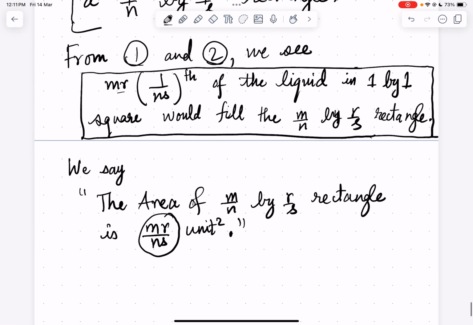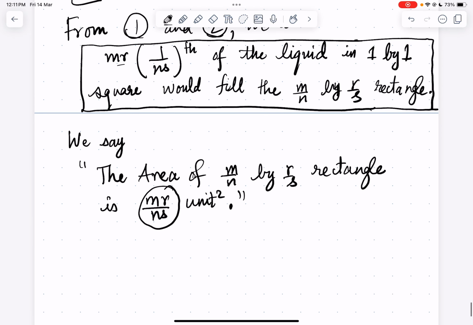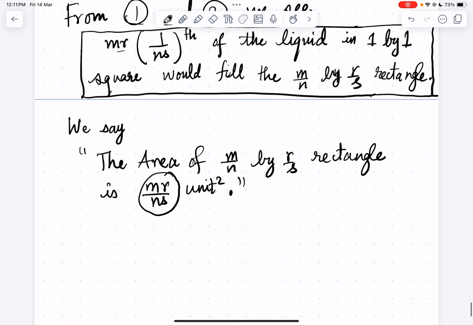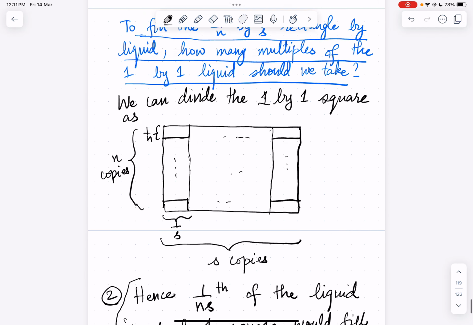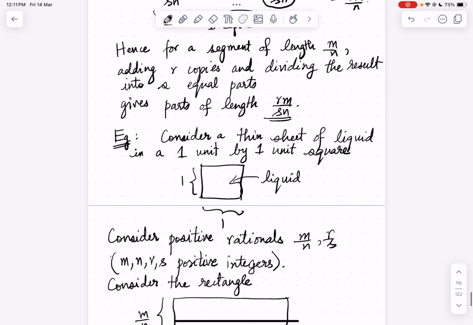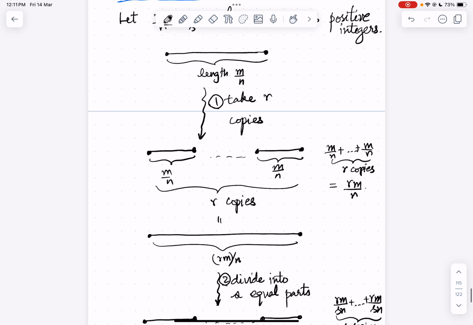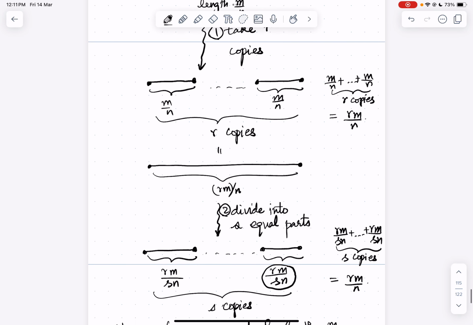So this is another interpretation of the product of two rational numbers. We have the product of m by n and r by s in the amount of liquid.